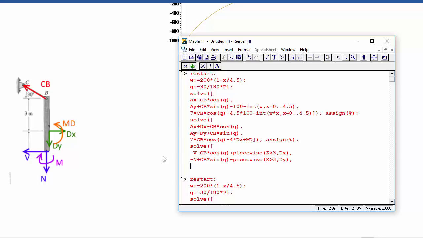We're going to say that the moment about the bottom, we've got CB times cos of Q times Z, minus M plus that, as M's going in the opposite direction, and we've got something if z is greater than 3, an additional moment term. So we're going to be adding in md, which is in the direction that CB would spin it.